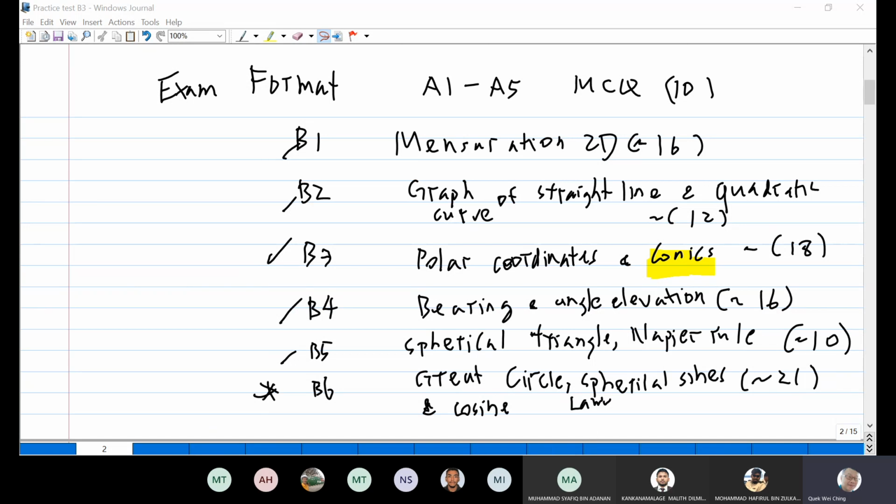You can see I WhatsApp to you the exam format, what it should be like.